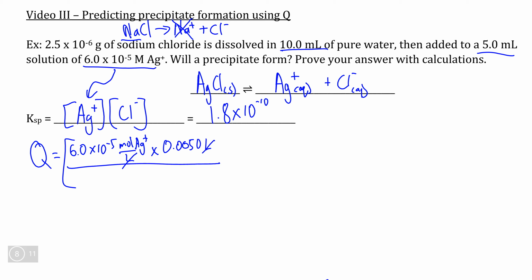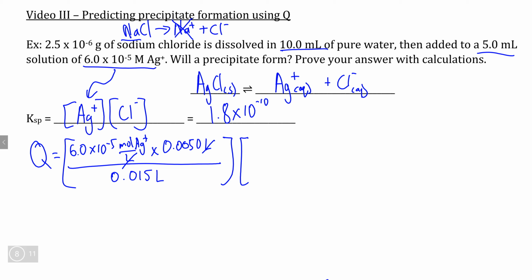And then we divide that by the total volume of the solution. 10 plus 5 is 15 milliliters, which we would write as 0.015 liters. And that is our concentration of silver, taking the volume change into account.